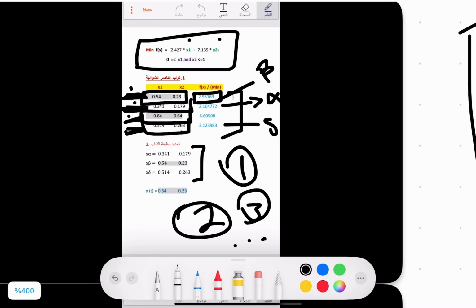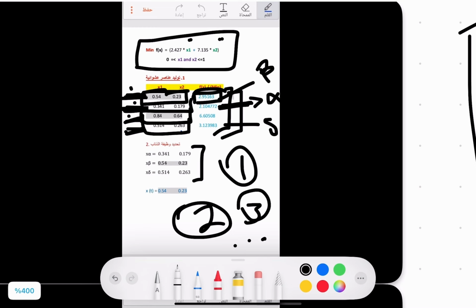We're going to replace x1 and x2 in the equation here with the values, and then see what we get for f of x as a solution. Then we're going to choose the best solution, which is the minimal value of f of x. In our case, if we check these values here, the minimal one is 2.1, which will give us the value for the alpha wolf.